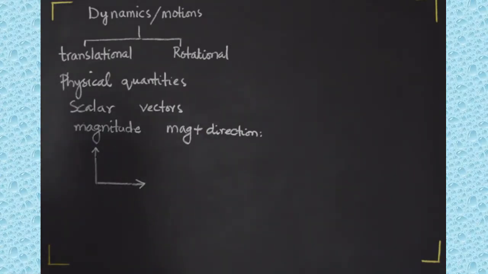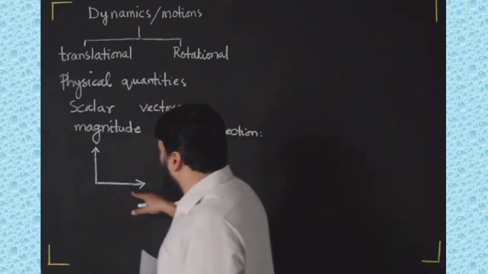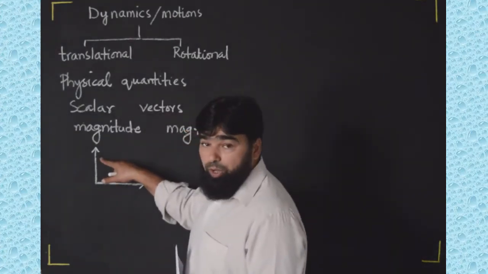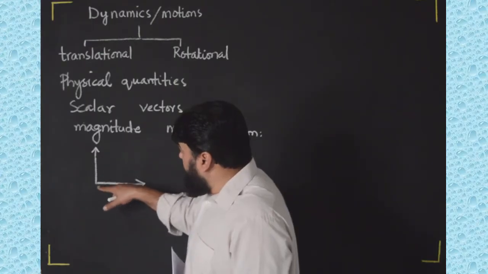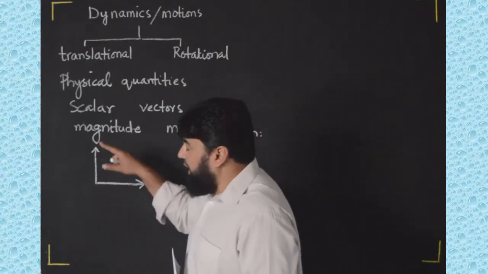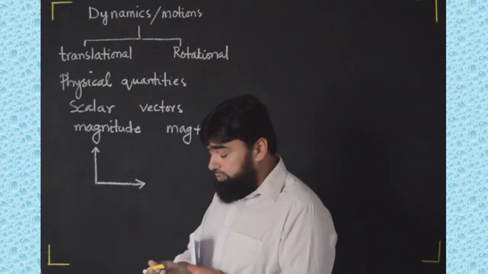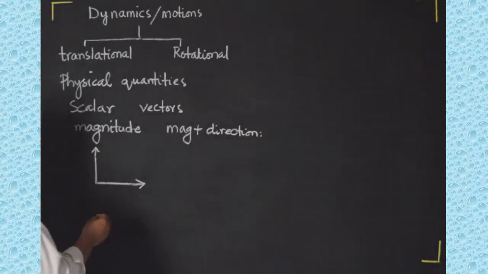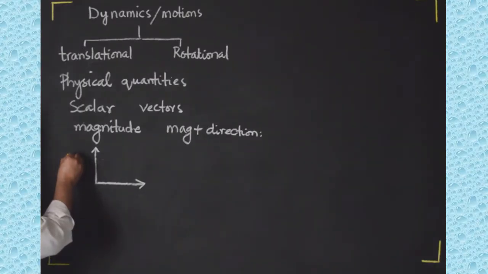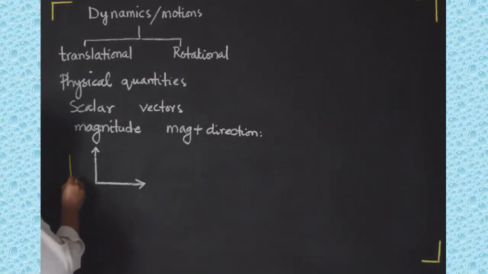Now we cannot call this a horizontal vector or vertical vector, because in order to define whether a vector is horizontal or vertical, we will have to define a coordinate system, and that coordinate system, for example, like this.